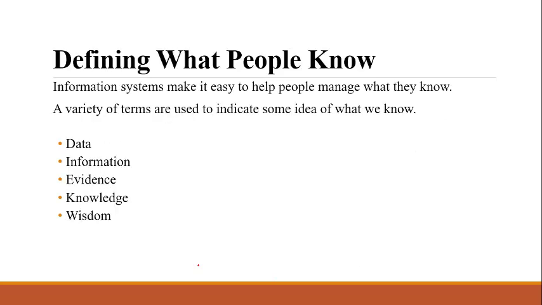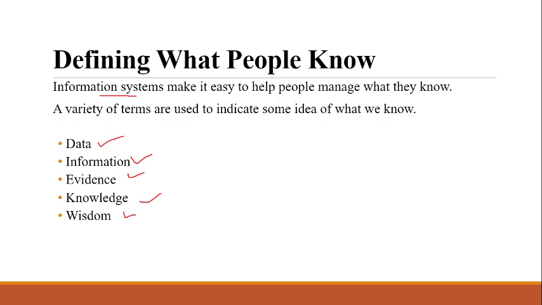Defining what people know: information systems make it easy to help people manage what they know. The information that we take from people is also very important for GIS. For example, a variety of terms are used to indicate some idea of what we know. It might be data, information, evidence, knowledge, or wisdom.